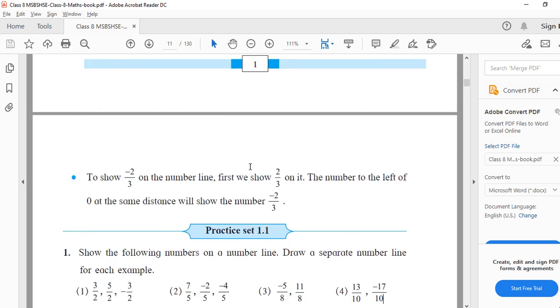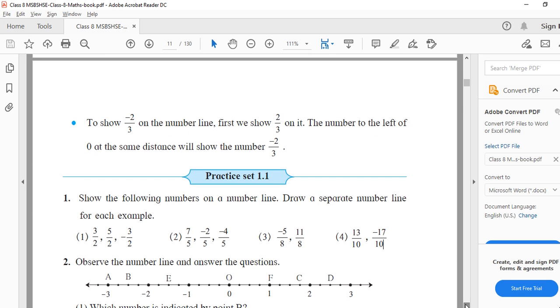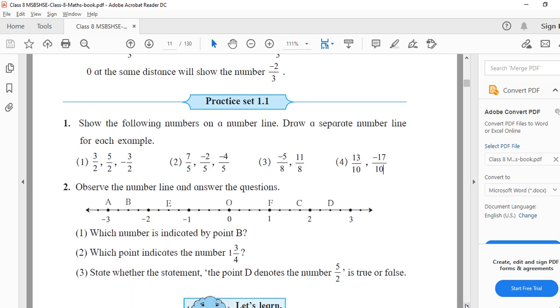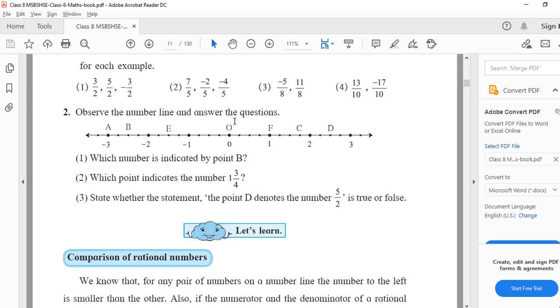Now let's move on to the second part, which I think is not so big. So let's first try to understand the number line which is given in sum number 2.